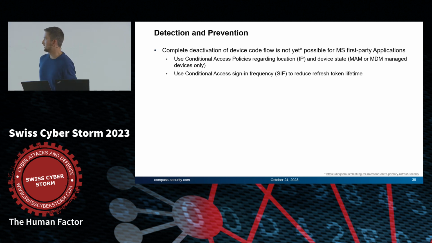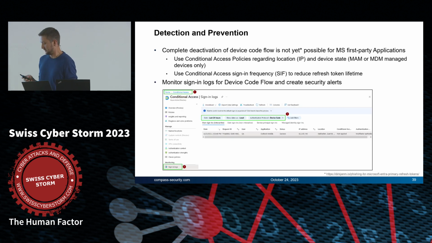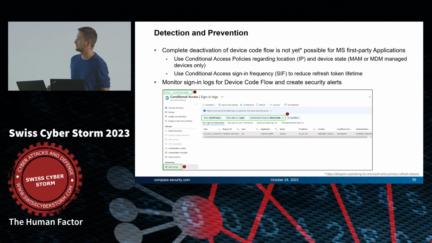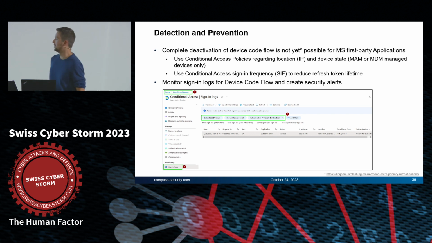And you could use the sign-in frequencies. Detecting is rather simple. In the sign-in logs, you could just filter for device code, and then you would see if a user completed the device code sign in, and if that's not common in your company, then all your alarm bells should go on.